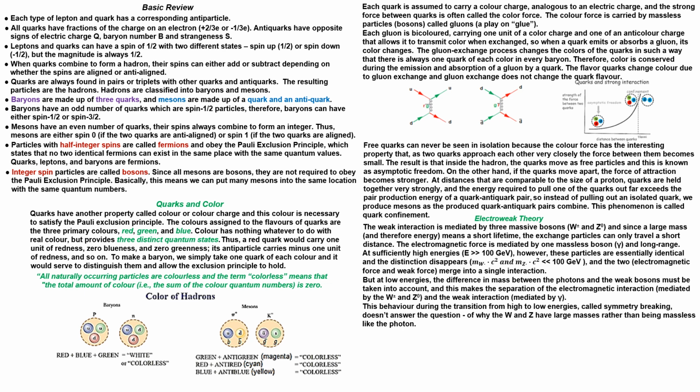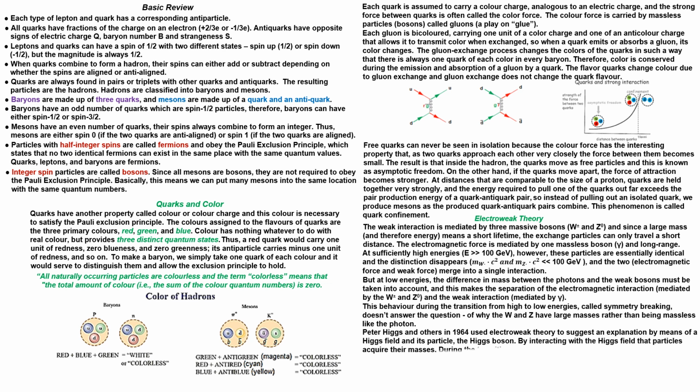Peter Higgs and others in 1964 used Electroweak theory to suggest an explanation by means of a Higgs field and its particle, the Higgs boson. By interacting with the Higgs field, particles acquire their masses.